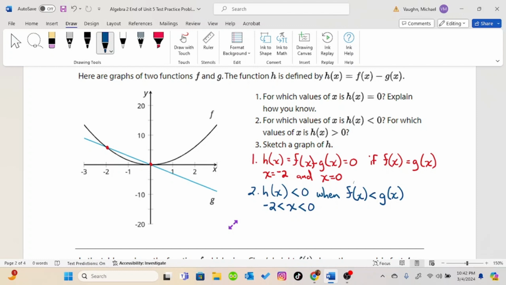So we don't include -2 or 0 because those points give us 0 for an answer. But in between those 2 points, where the black parabola goes below the blue linear graph, that's when it would be less than 0.